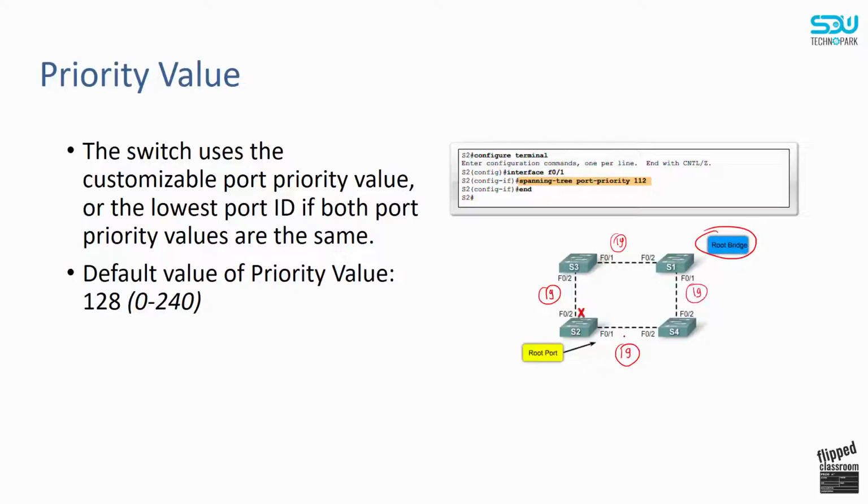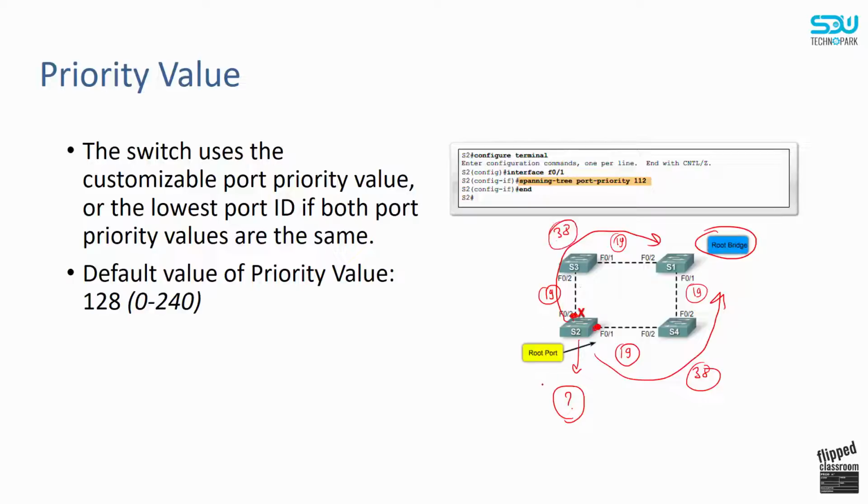So switch 2 has a question: which of these two ports will be the root port? It looks at the costs. The cost from here is 38, and the cost using this path is also 38.